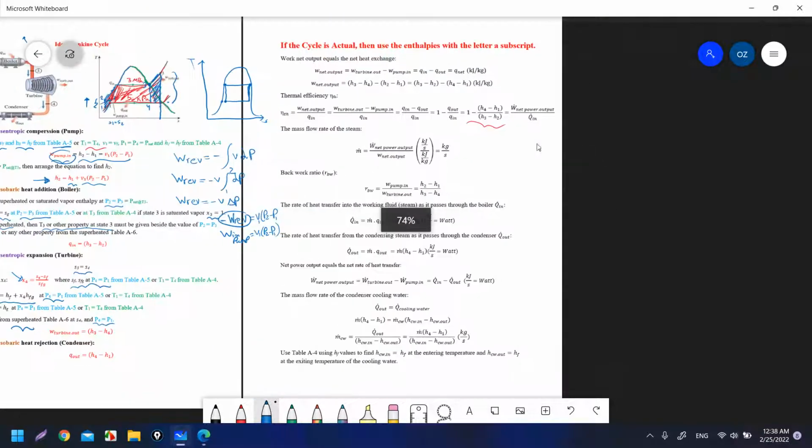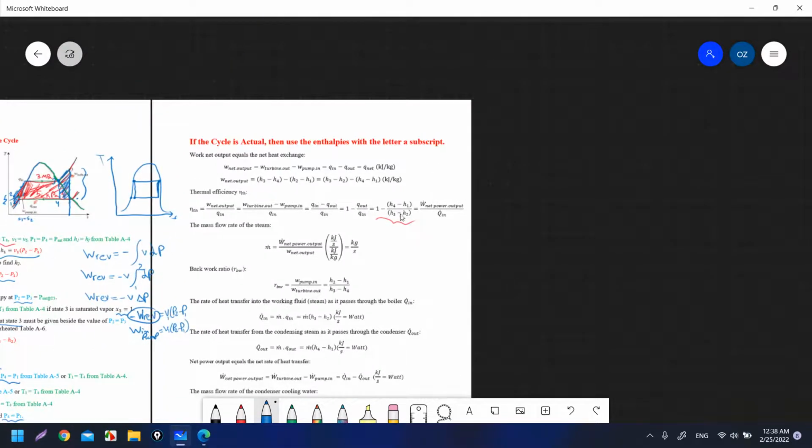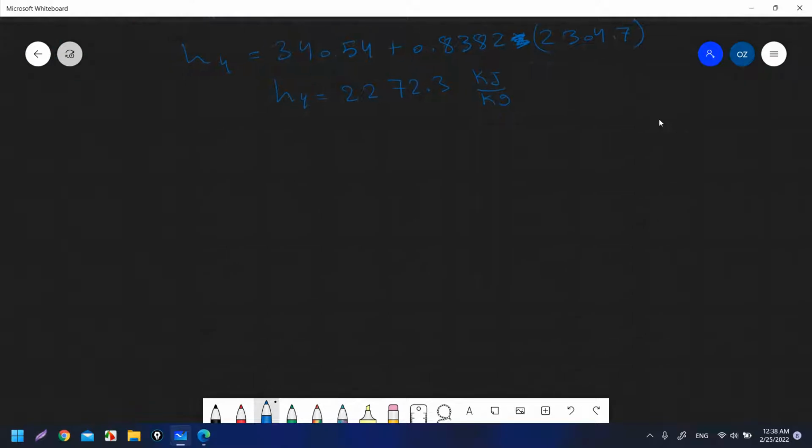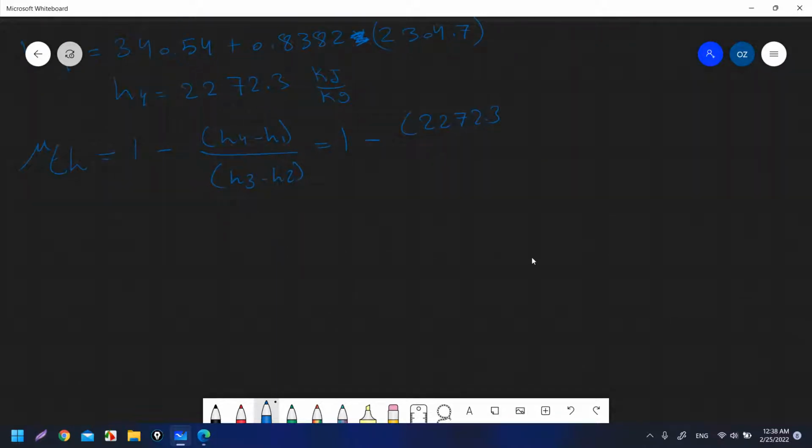So let's find the thermal efficiency. The thermal efficiency for the ideal Rankine cycle is 1 minus H4 minus H1 over H3 minus H2, and this will give us 1 minus 2272.3, which is H4, minus H1.